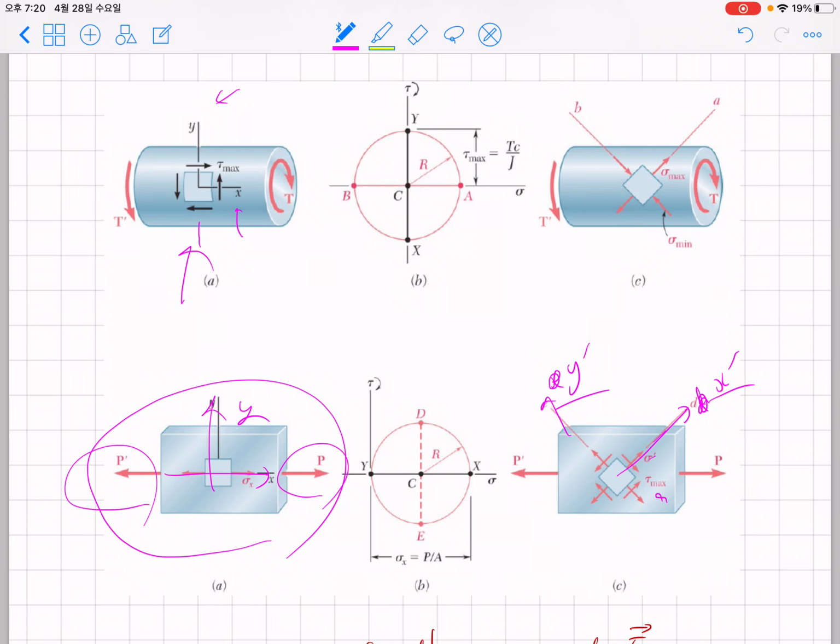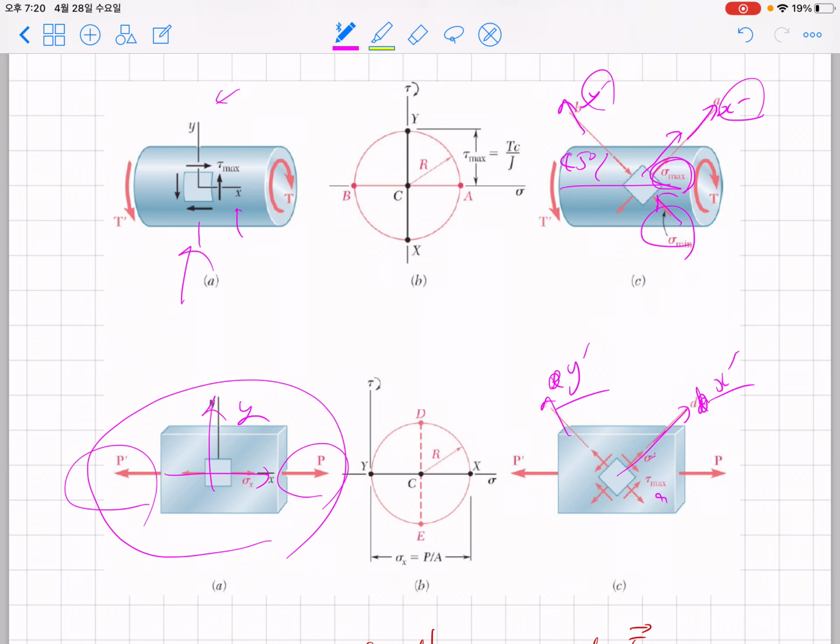However, instead of taking the xy coordinate, if you take this as x prime and this as y prime, we can convert this into a purely normal stress state, with maximum tensile stress along x prime, maximum compressive stress along y prime, and no shearing stress, if we take the x prime y prime axes at a 45-degree angle from the original coordinate system. If we take the x prime y prime system at a different angle, we're gonna have a mixed normal stress and shearing stress state.